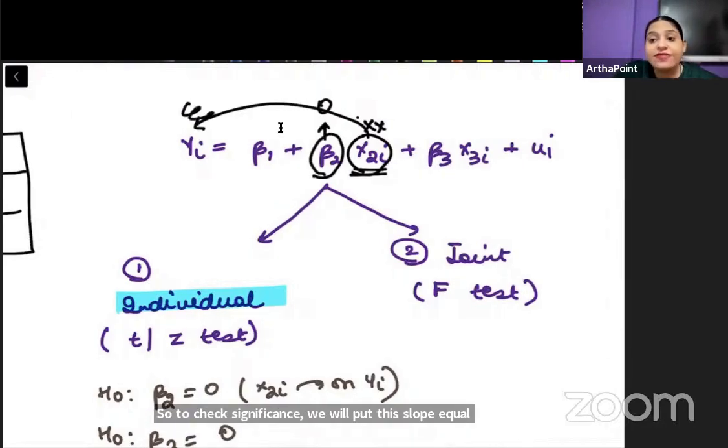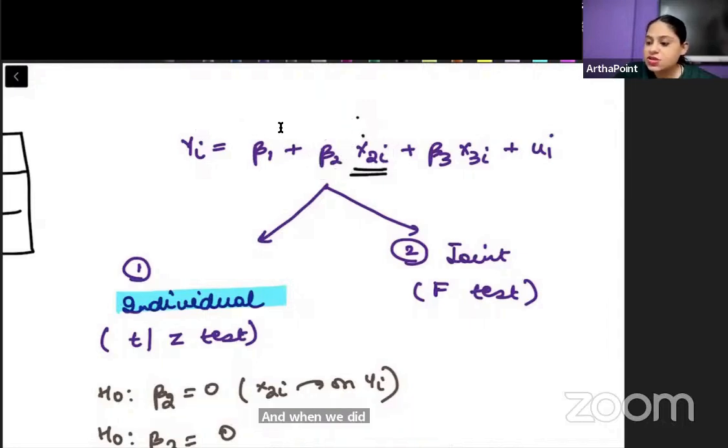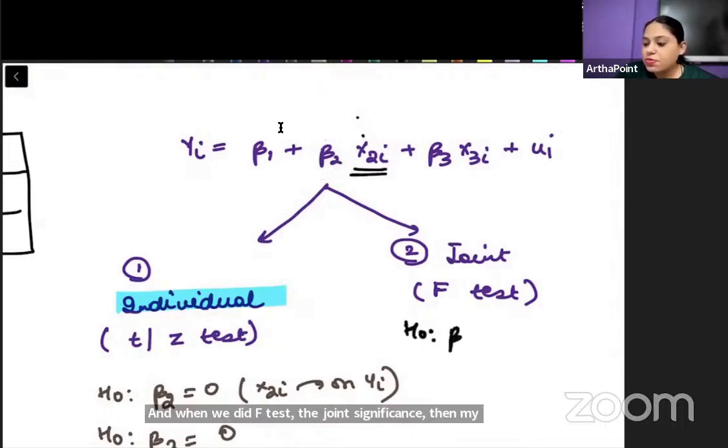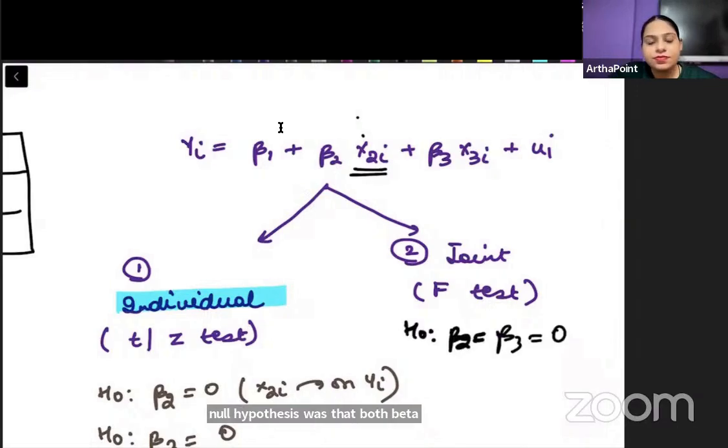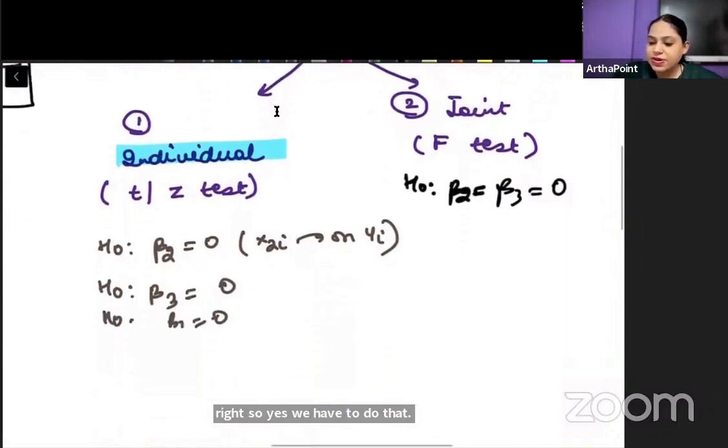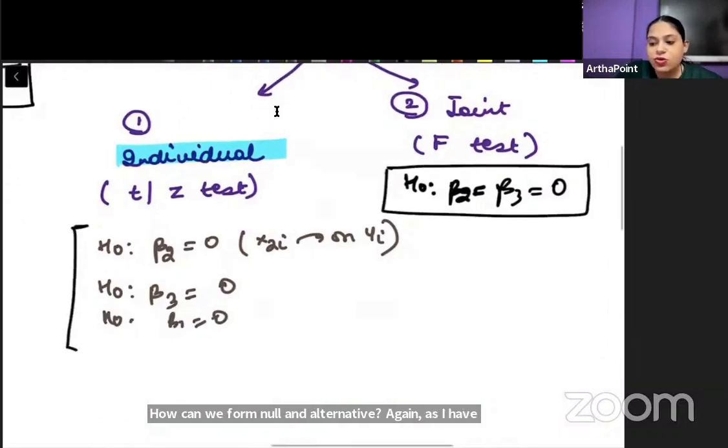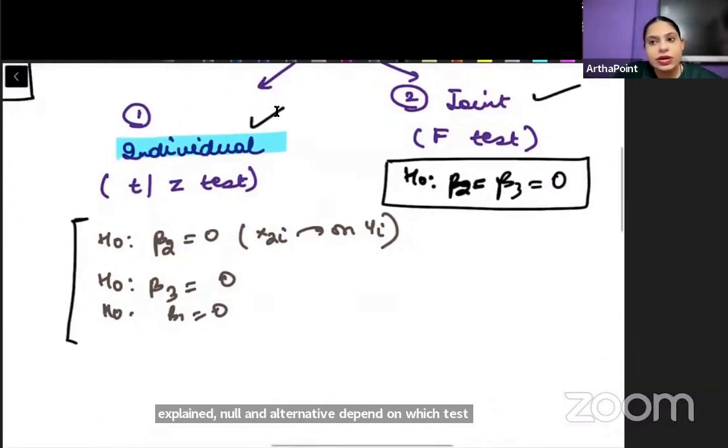And when we did F test, the joint significance, then my null hypothesis was that both beta 2 and beta 3 are jointly 0. Right? So yes, we have to do that. How can we form null and alternative? Again, as I have explained, null and alternative depend on which test you're doing, individual or joint.